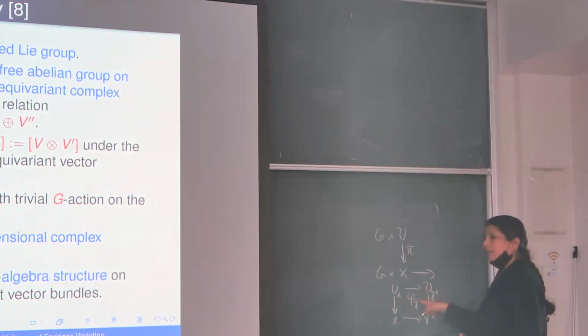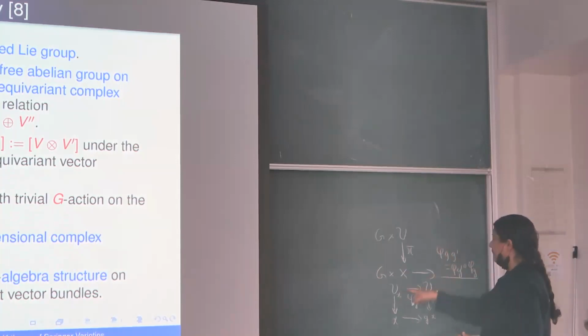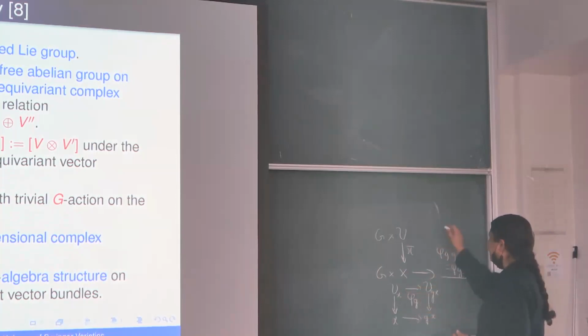There is a linear isomorphism given by G, and whenever there is a multiplication G dot G prime, phi of G dot G prime is phi G prime composed with, I think, phi G. This may change, but it respects the linear isomorphism, preserves this group action, and phi identity is the identity linear isomorphism.